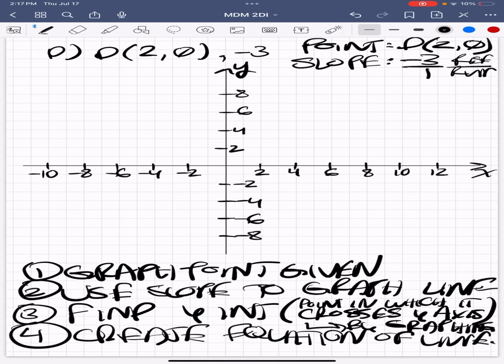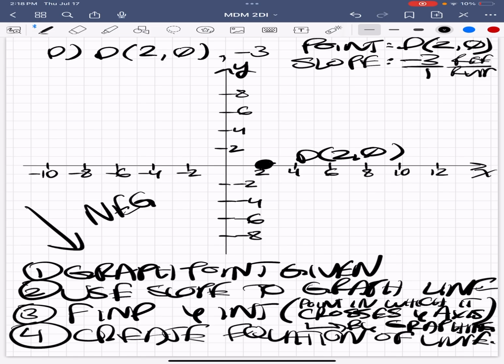And now let's do this. So it's 2, 0, and that's point D, 2, 0. And then again, because it's a negative slope, we're going to go down.